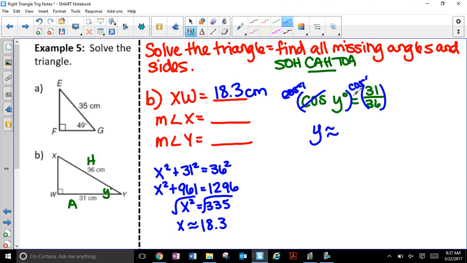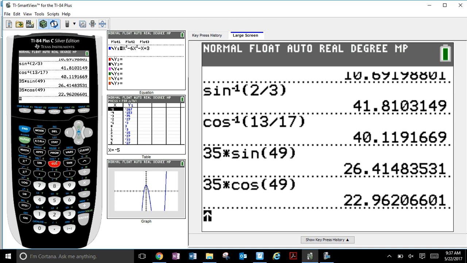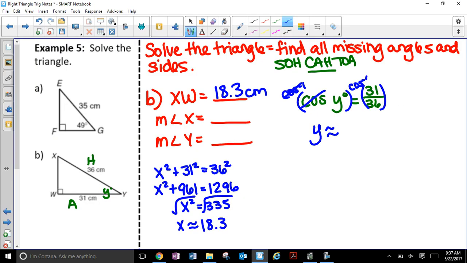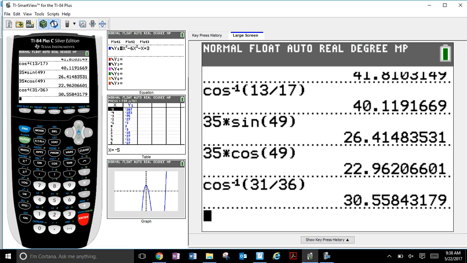And so I'm going to type this in, inverse cosine of, what was it, 31 divided by 36. So it's about 30.6 degrees. Now with angles, we'll just round to the nearest whole degree.